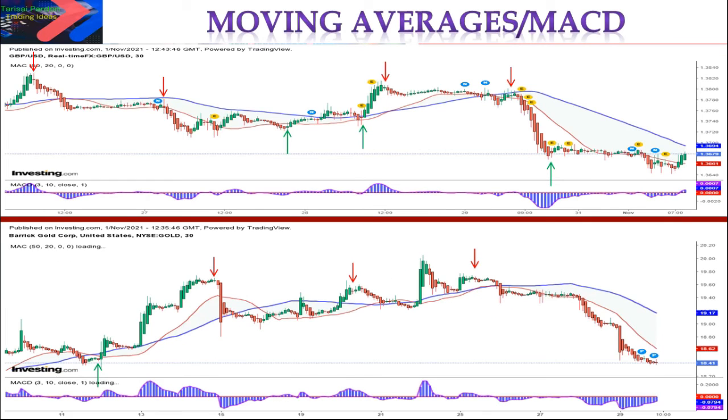The pound versus the US dollar, you see that when the moving averages are flat, we also have the Heikin Ashi candlesticks being very small in size, and it is an indication of indecision within the market, and this is supported by the moving averages, which are also flat. And we can also check with the MACD, which is also flat at 0, showing that the market is not moving anywhere.